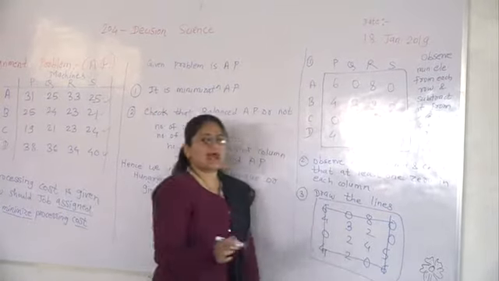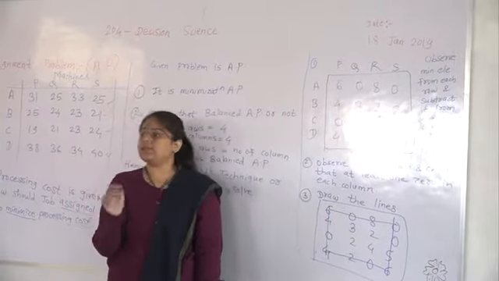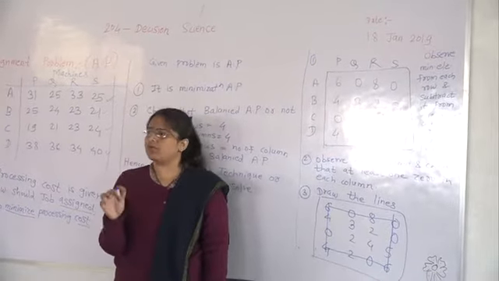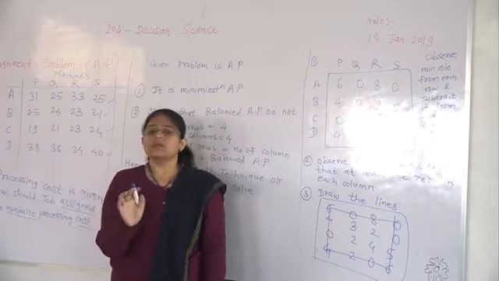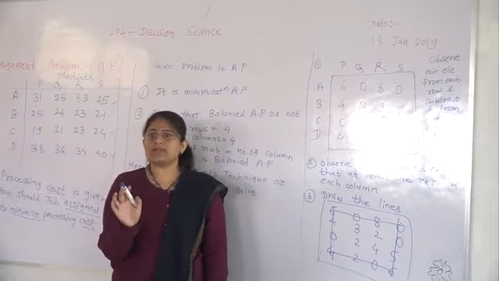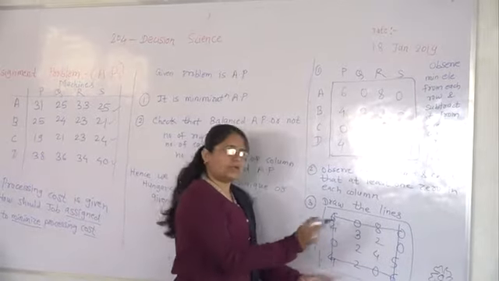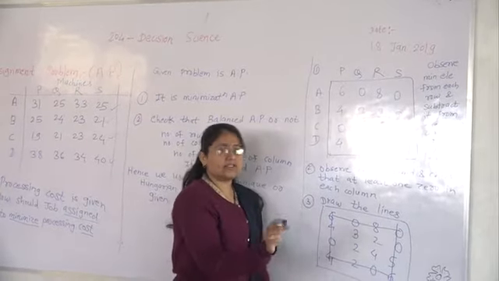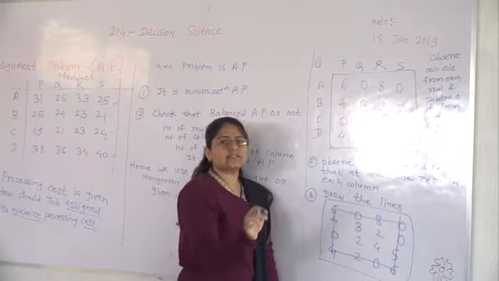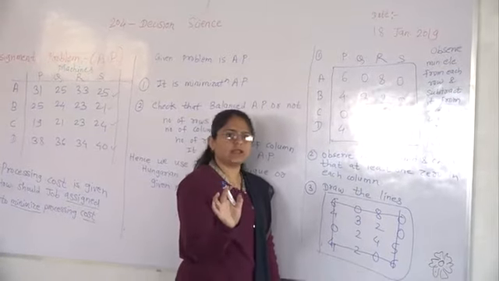Draw the line such that within minimum lines you cover all the zeros. There should not be a restriction that your line must be like this. The only condition is that you draw the lines such that within minimum lines you cover all the zeros.